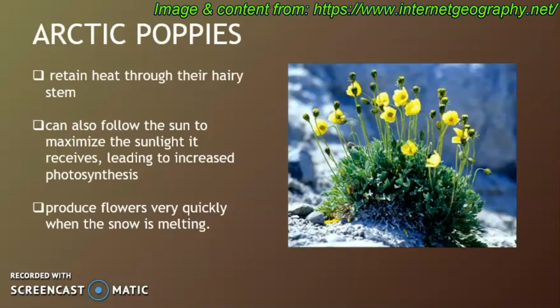Another are the lovely Arctic poppies. They retain heat through their hairy stems. They can also follow the sun to maximize the sunlight they receive, leading to increased photosynthesis. They also produce flowers very quickly, even when the snow is melting.